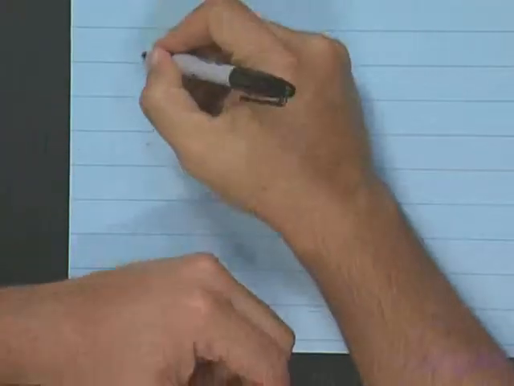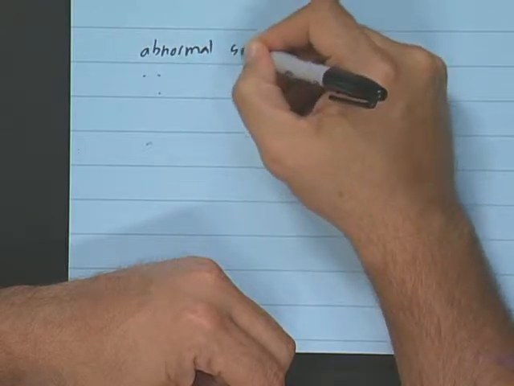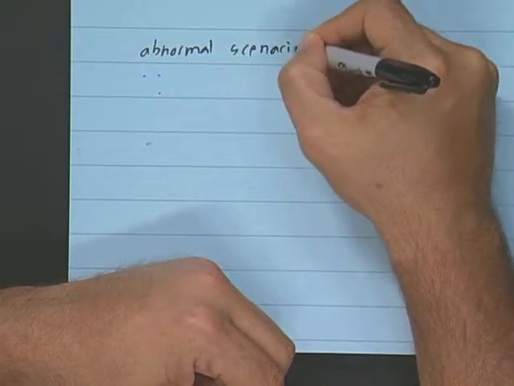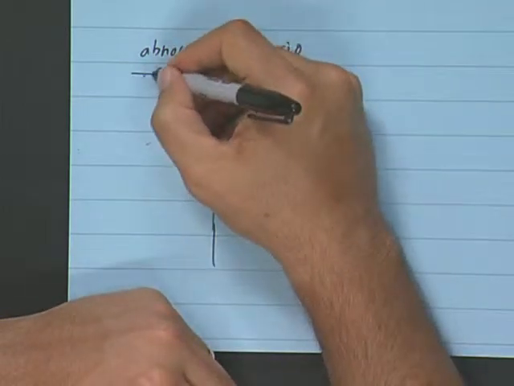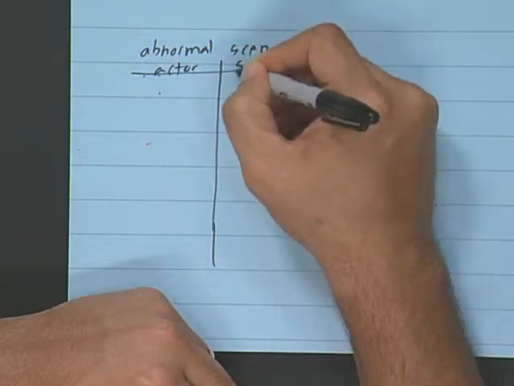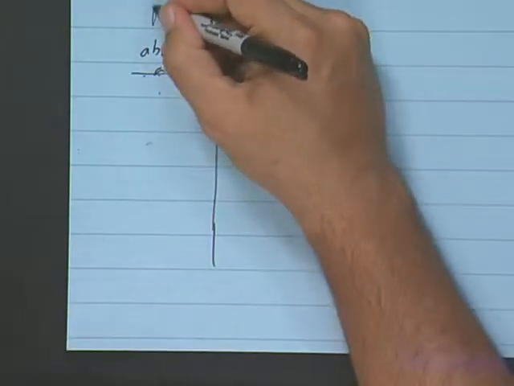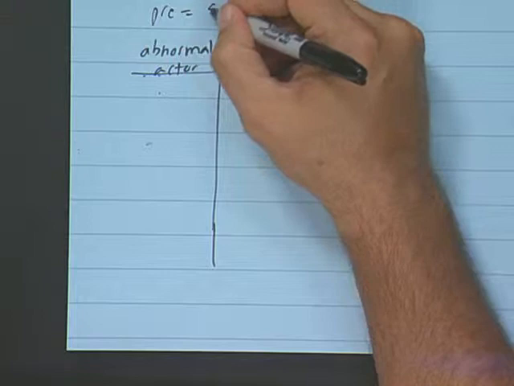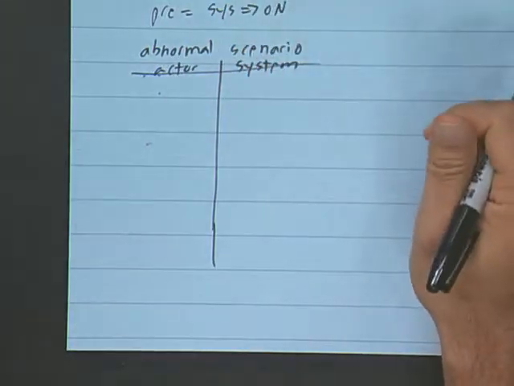Now, what can we decide would be, we'll call it an abnormal scenario. And we can draw it like this, right? This is the actor, and this is the system. So an abnormal scenario could be, the precondition, again, could be the system is on, okay?